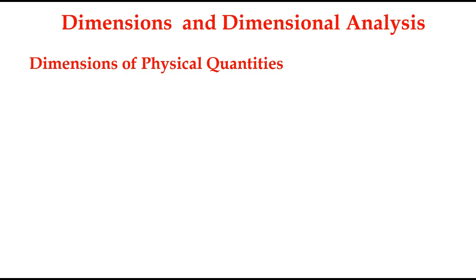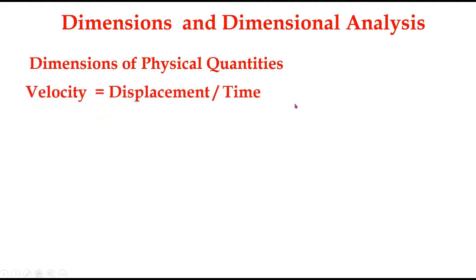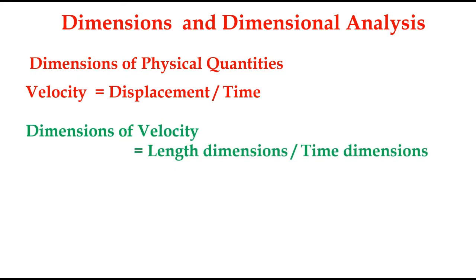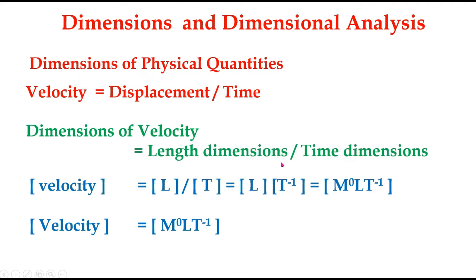For example, velocity is defined as displacement divided by time. So dimensions of velocity means dimensions of displacement, which is nothing but length, divided by the dimension of time. In order to write this dimensional equation in compact form, we use square brackets.